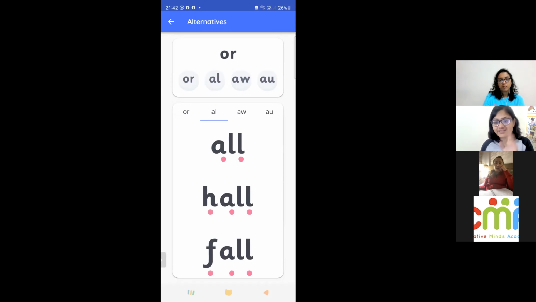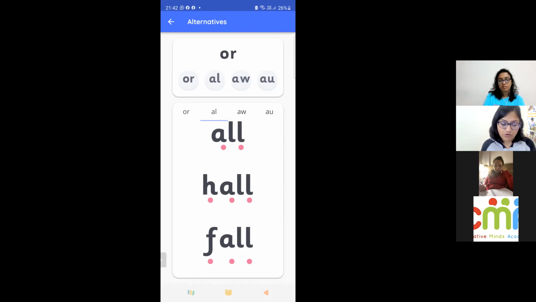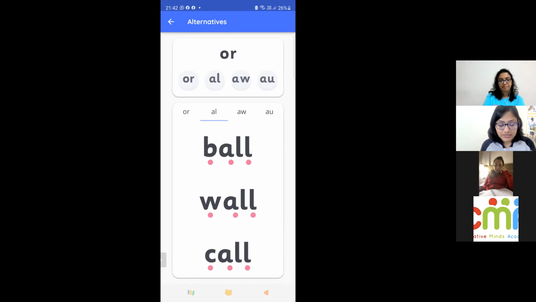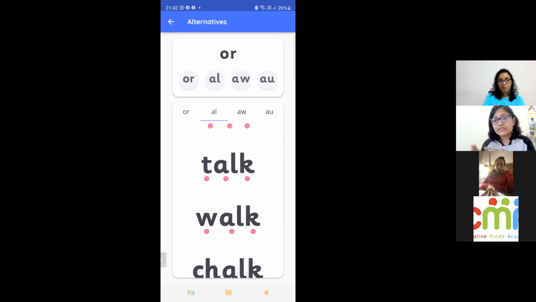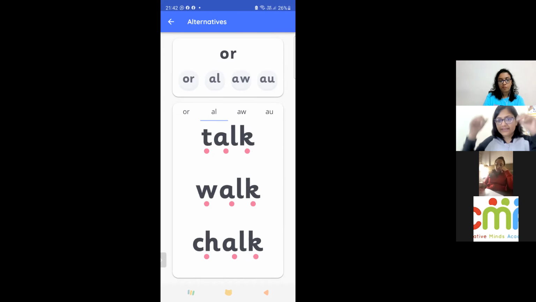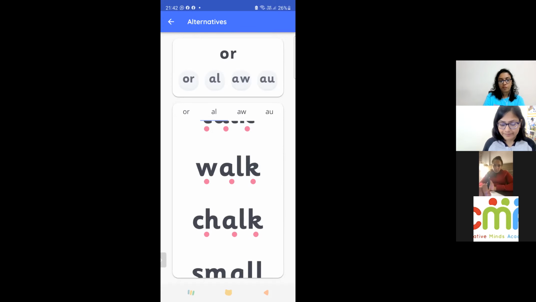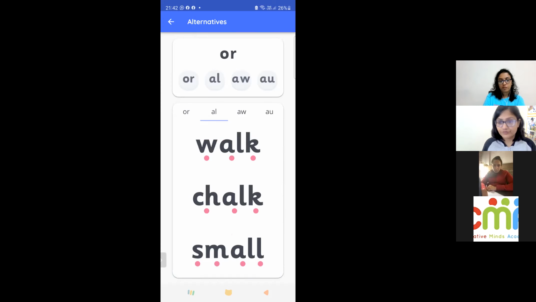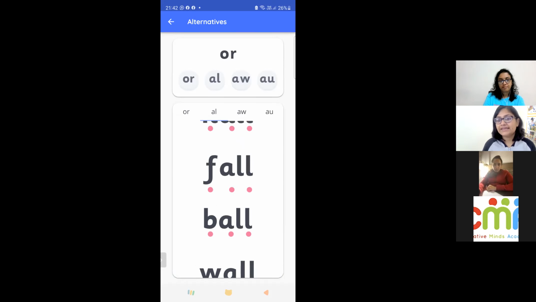So one L is silent and one L is giving the L sound. Hall, fall, all, ball, wall, call, tall, talk, and even for the K sound, O and K sound with K also. So if you have L and K sound after the O sound, then it is AL.